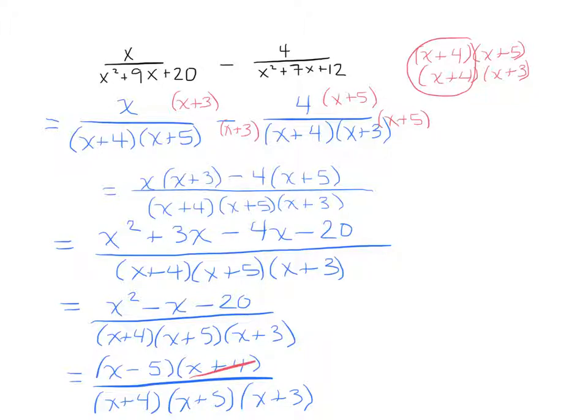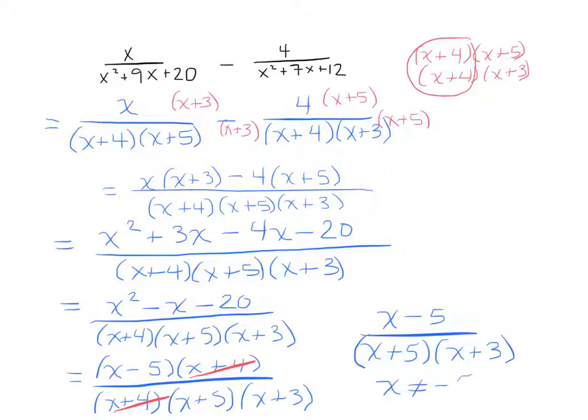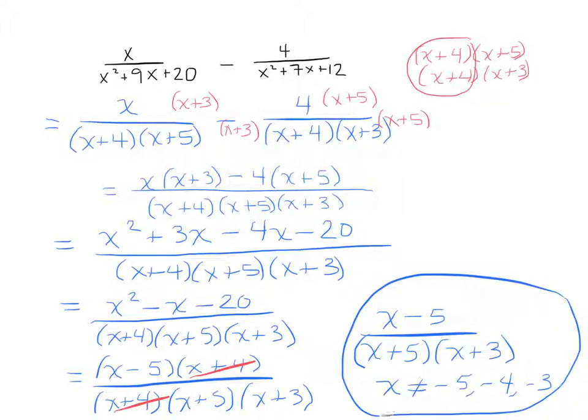But here that x plus 4 can disappear. We're left with our final answer of x minus 5 over x plus 5 and x plus 3, where x cannot equal -5, -4, and -3. So that part is the final answer.